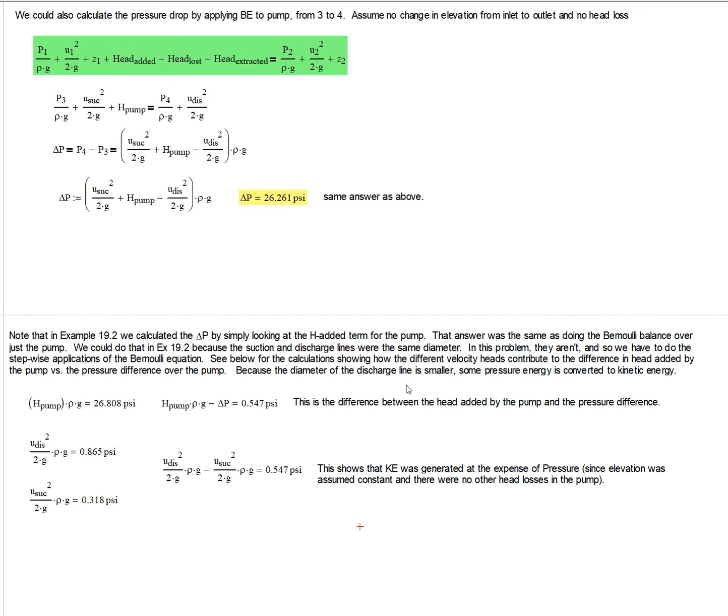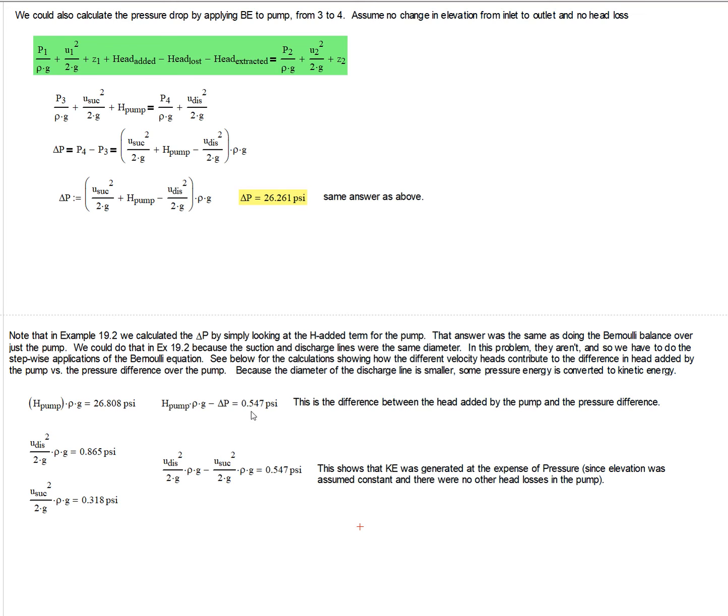Because the diameter of the discharge line is smaller, some of the pressure energy is converted to kinetic energy. The head added by the pump is equal to 26.8 psi. So if we were to calculate the head added by the pump and convert that to pressure, that'd be 26.8. Notice that our actual difference is 26.26.